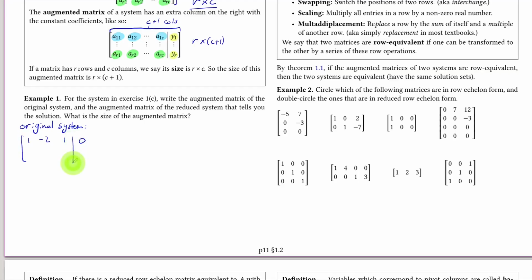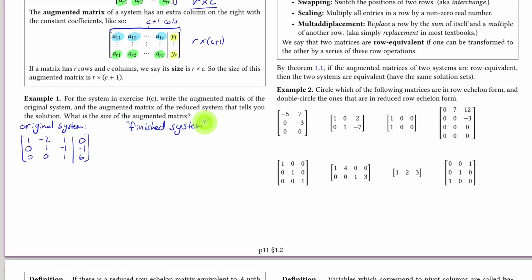The second equation was just 1x2 minus x3, so that's going to be a 1 and a negative 1 in those columns, but there's a 0 x1 that you usually don't bother writing, but you've got to write that 0 as an entry in the matrix. The last, oh, I missed the negative 1 here. The last equation was x3 equals 6, so that means 0 x1 plus 0 x2 plus 1 x3 equals 6, like so.